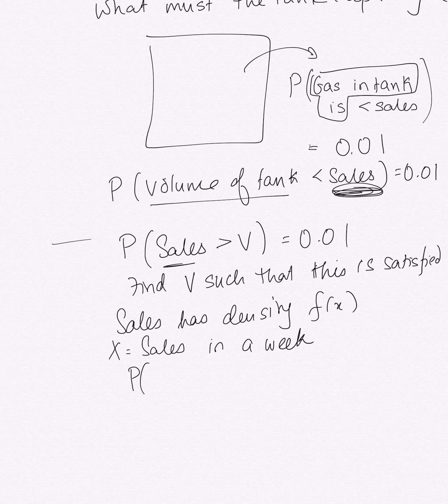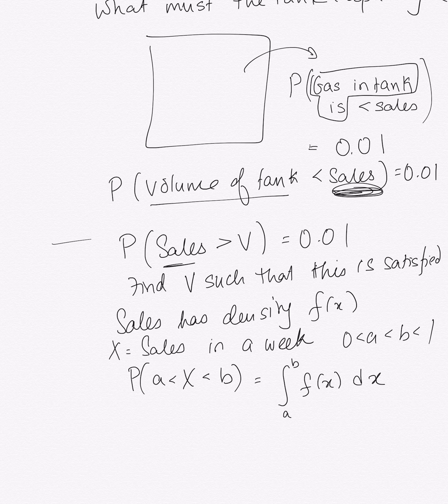Okay, we know the probability x is between A and B. Well, let's just assume A and B are between 0 and 1 in thousands of gallons. This probability is given by the integral from A to B of the density dx.